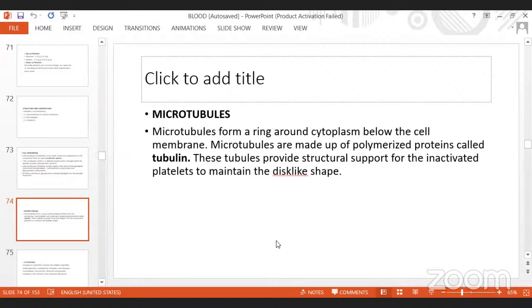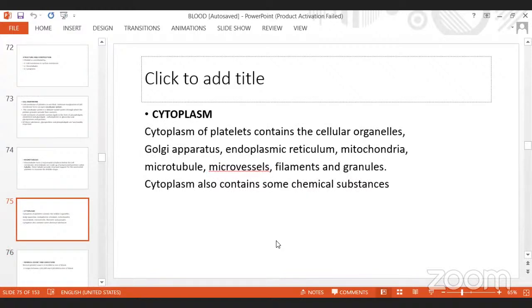The tubulin maintains the structure of the platelet. The cytoplasm contains the Golgi apparatus, endoplasmic reticulum, mitochondria, and so on. Also, the cell membrane contains chemical substances which activate or inactivate the platelets.